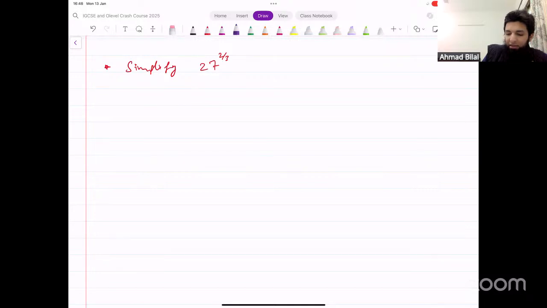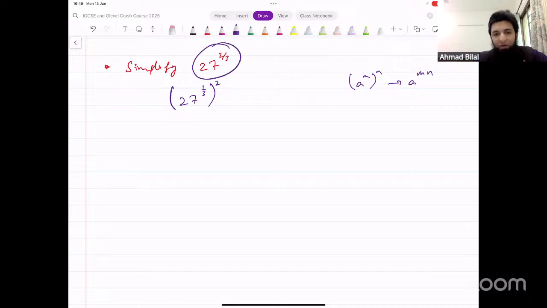You can say that is 27 power 2 and 1 over 3. So we can write them as multiplication like this, right? Or we can also write it outside using that rule that we discussed earlier, a power m whole raised to power n. We can write that as a power m times n. So this power 2 over 3, we can break it down into 2 parts. We can write one part inside the bracket and one part outside the bracket.